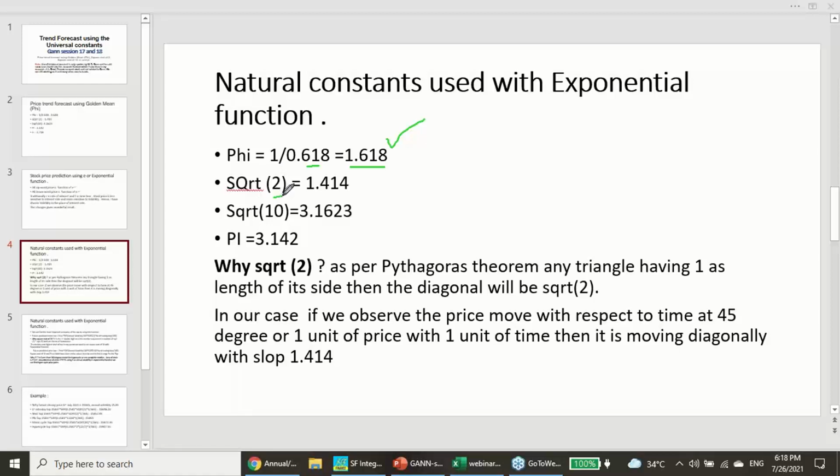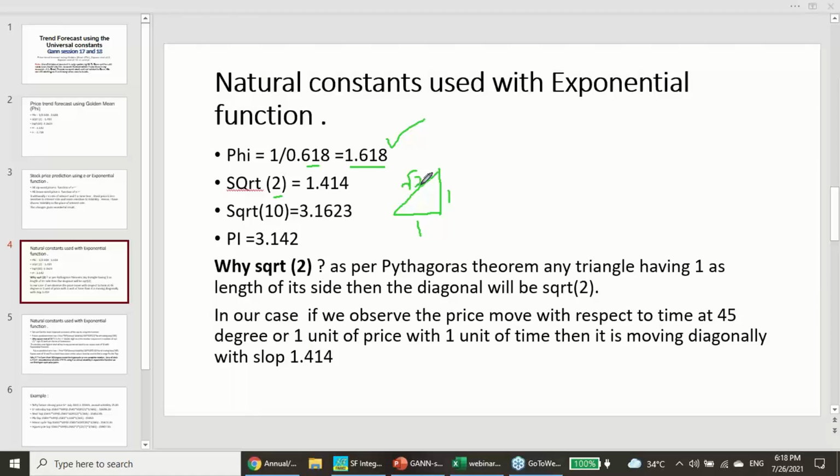Now we are going for the square root of 2, which is the next value, 1.414. Why is this square root of 2 important? In the Pythagoras theorem, the smallest triangle you can draw has 1 unit as base and 1 unit as height, and then the diagonal will be the square root of 2.